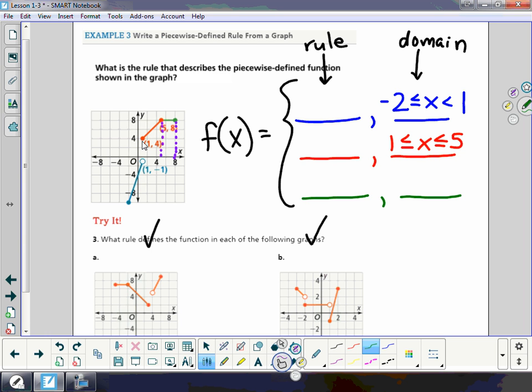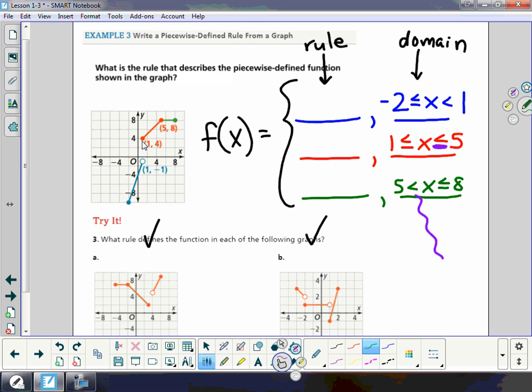Let's include the 8, but not include the 5, because I do not see a circle there in green, leading me to believe that the green circle was open, covered up by the red circle. That's why we have a less than sign here with the equals, less than sign here without the equal sign.